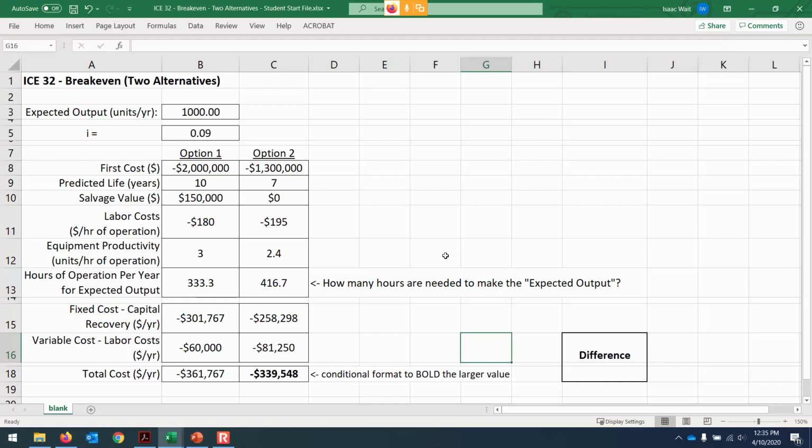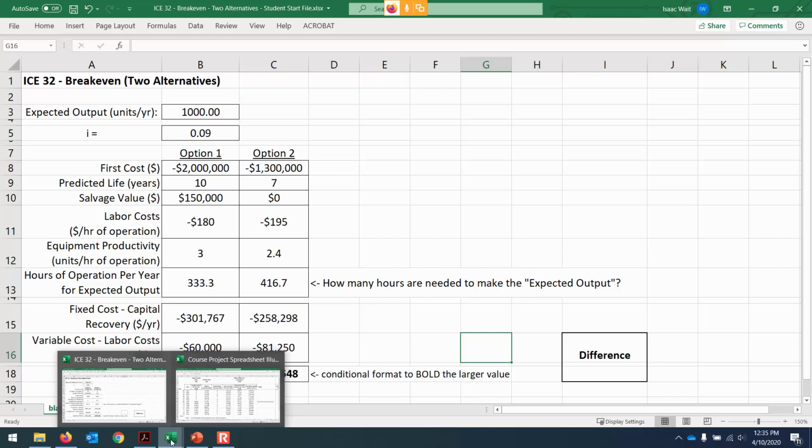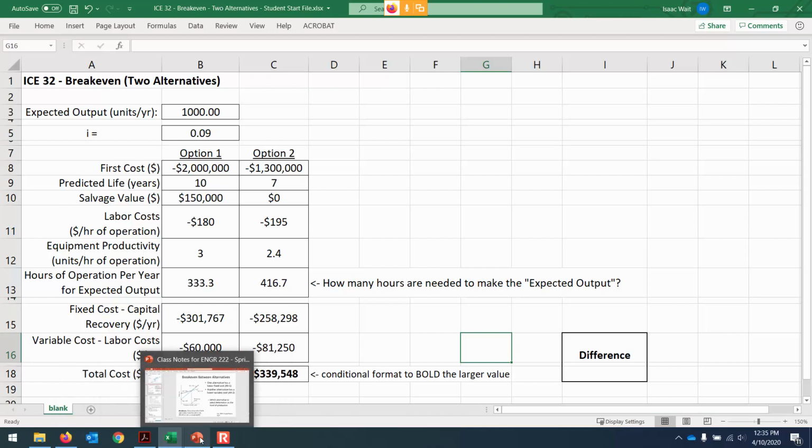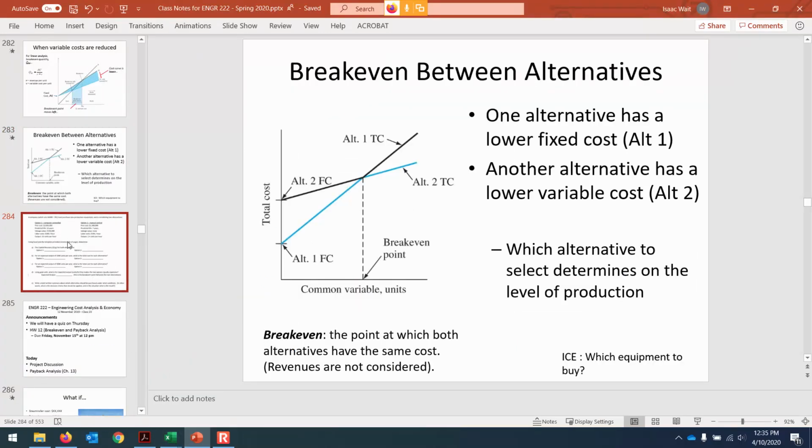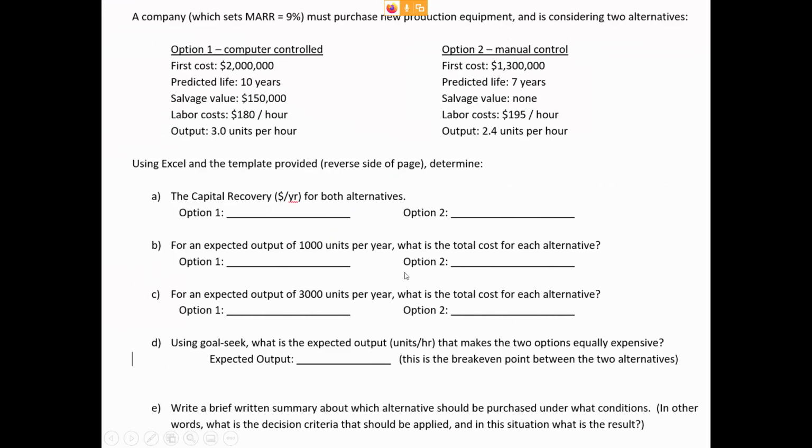Alright, so that's for 1,000 units per year. The next part of the in-class exercise asks, what if you're making 3,000 units per year? We just looked at the cost of each alternative for 1,000 units per year and which alternative we should select.